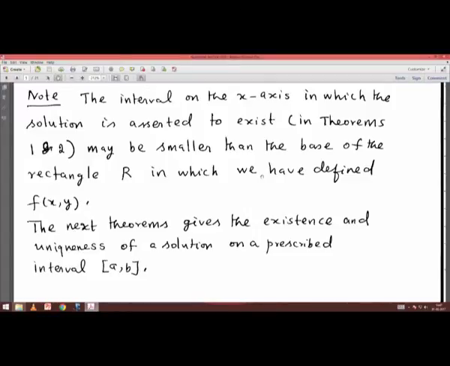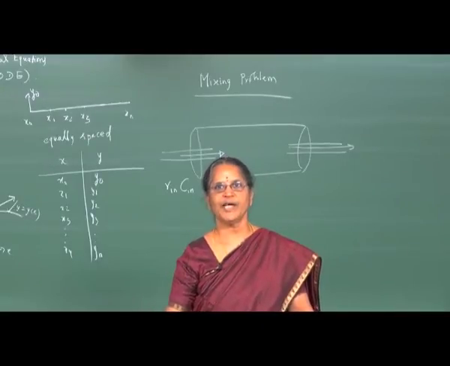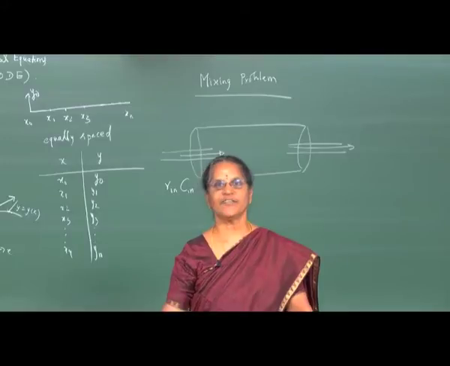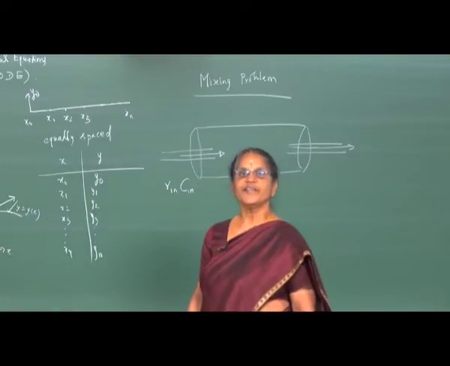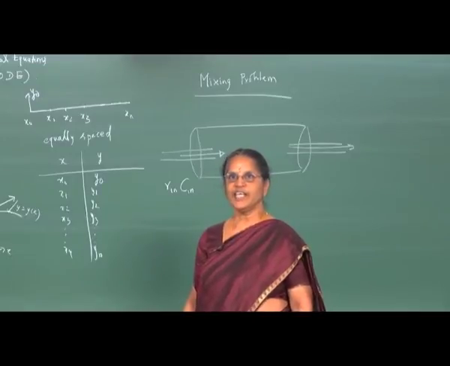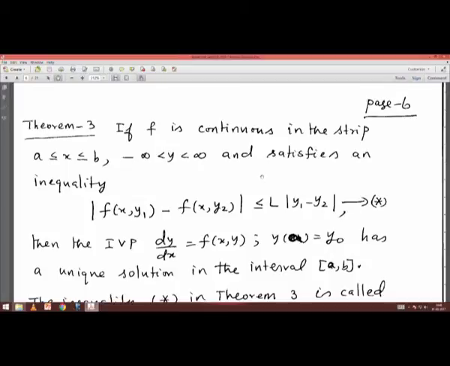So, we have a next theorem which gives the existence and uniqueness of solution of an initial value problem on an interval, say of the form [a, b], which is a closed interval. So, the result says if f is continuous in the strip a less than or equal to x less than or equal to b, and minus infinity less than y less than infinity.